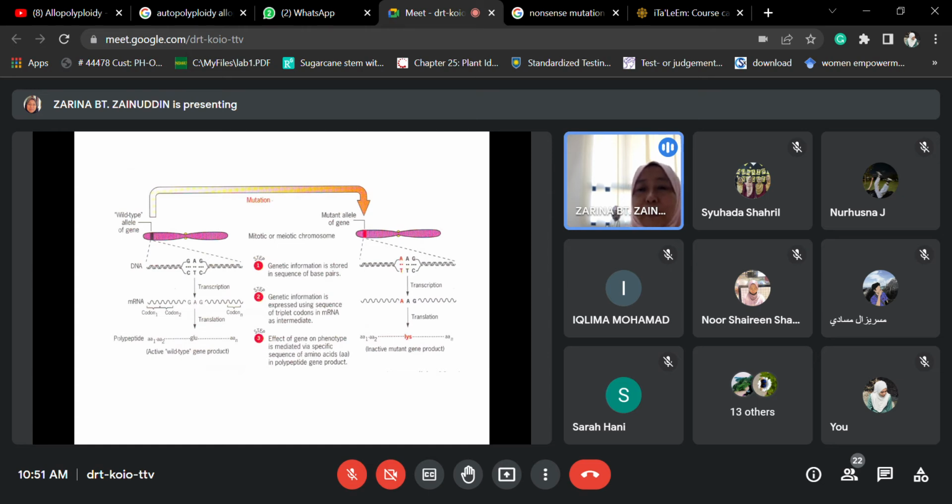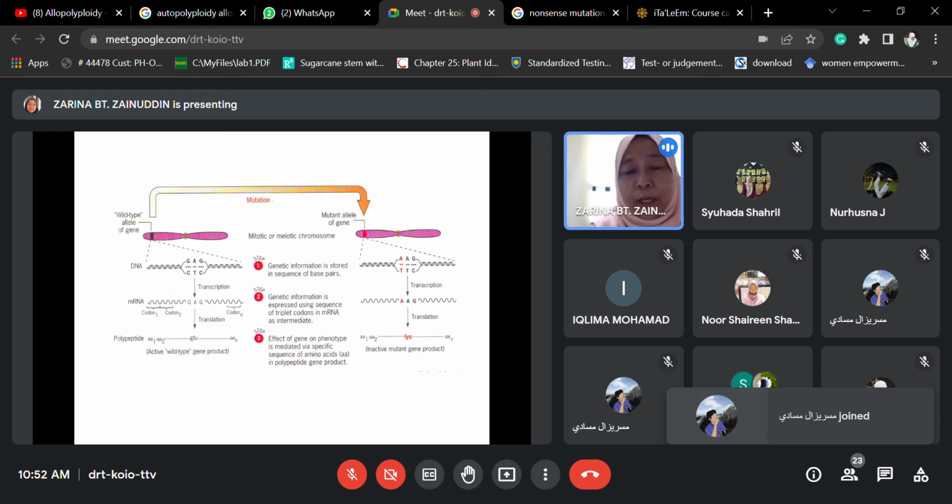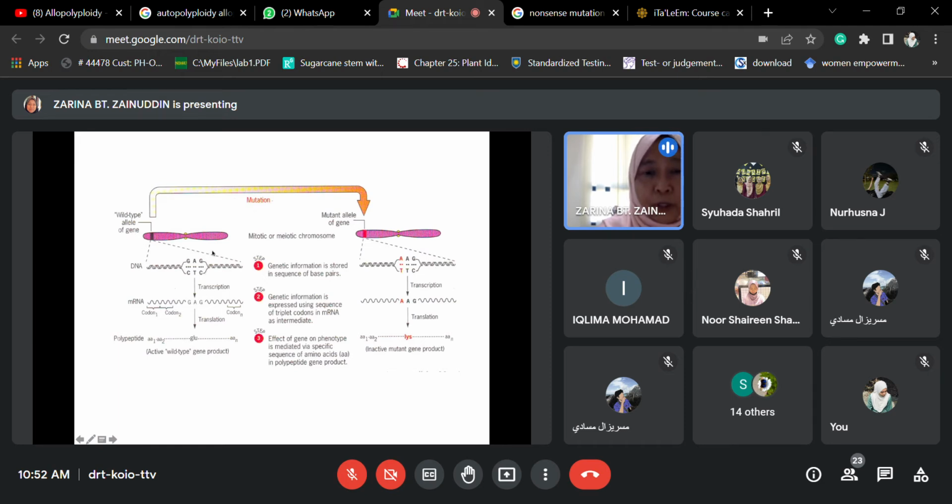All right, so this is just basic lah supaya you nampak the difference from the wild type. Okay, this is one example lah, a mutation that caused a single change to a nucleotide. Okay, so on the left is actually the wild type allele of a gene. Okay, you know that there is a sequence in the DNA, GAG.